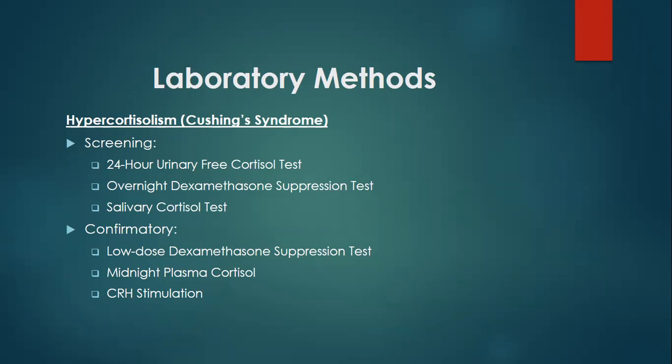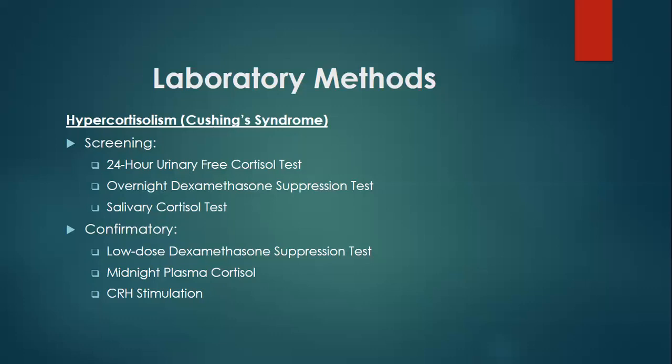So aside from increased ACTH, this is also caused by the increased pharmacologic use or overuse of corticosteroids. So a screening test would be a 24-hour urinary free cortisol test, which if you have Cushing syndrome, you'll have increased levels, particularly more than 120 micrograms per day.